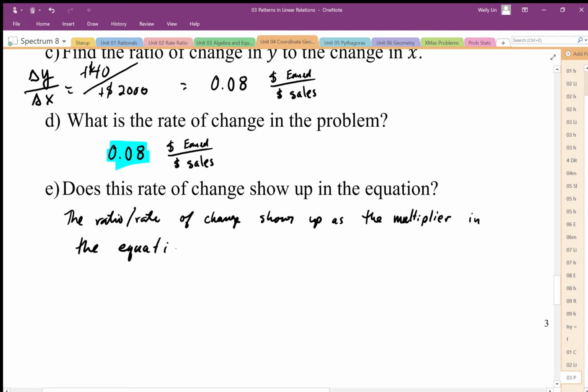This is a good way to recognize what part of the equation is our ratio of change or a rate, and vice versa. We can figure out where to put the rate in our equation.